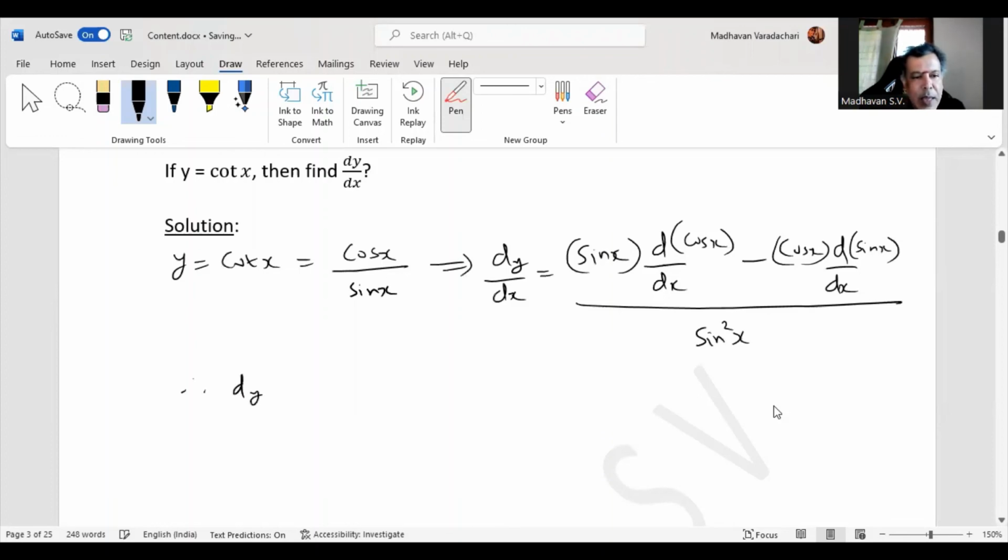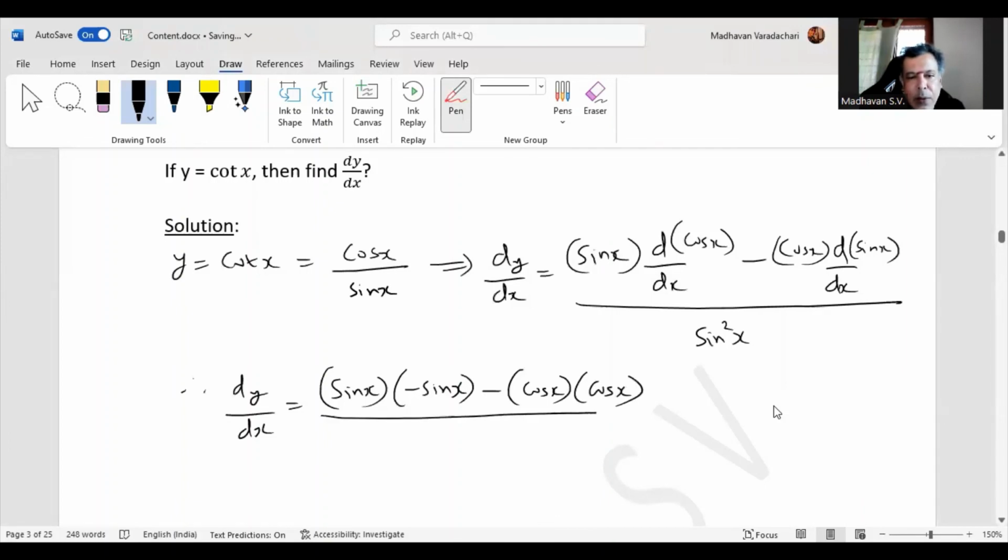Therefore, dy by dx will be sin x times d by dx of cos x is minus sin x, minus of cos x, d by dx of sin x is nothing but cos x, whole thing divided by sin square x.